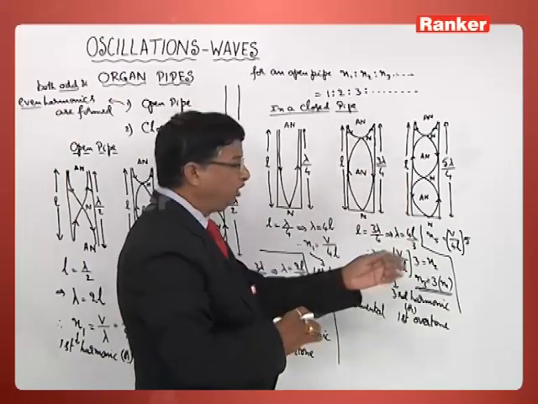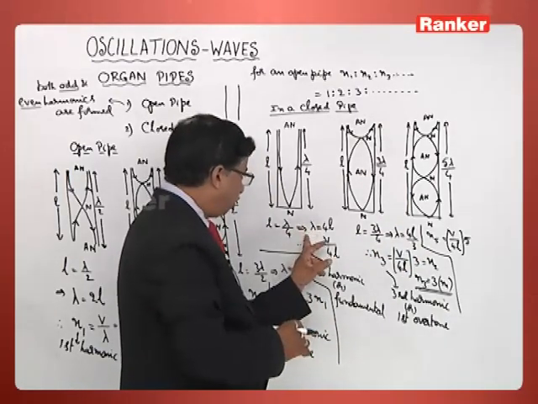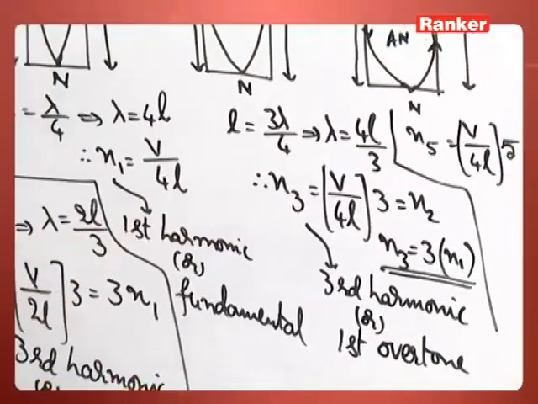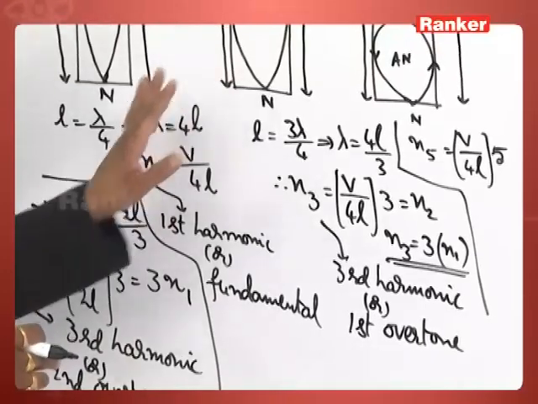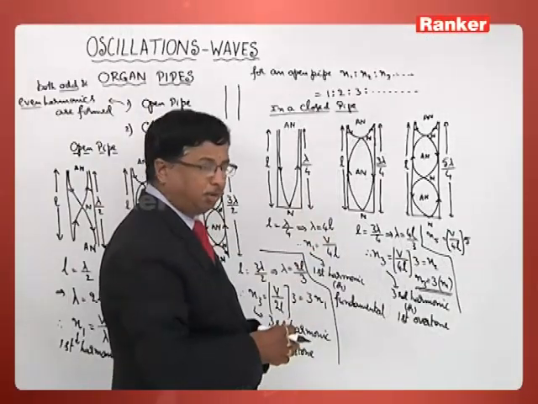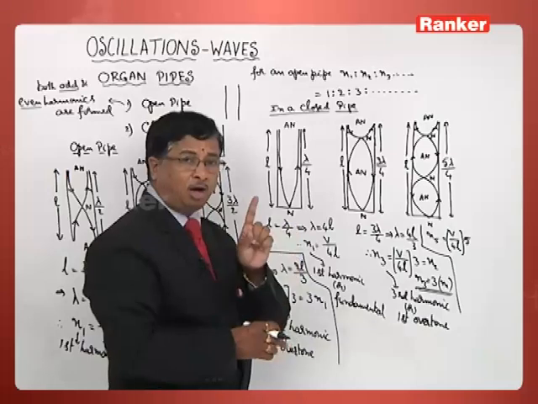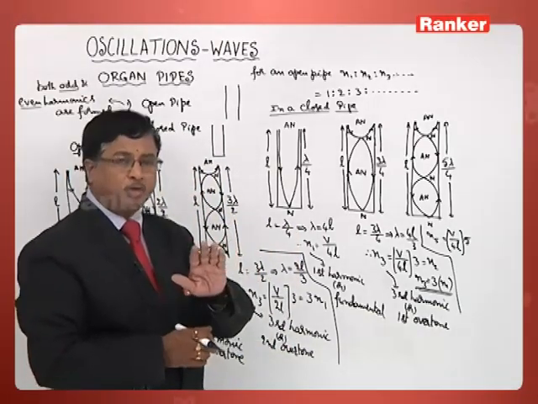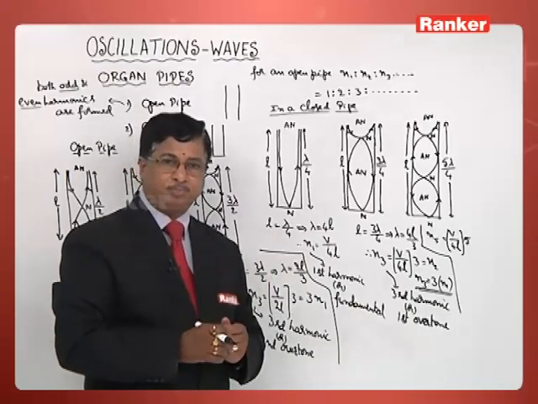So what is happening here? After first harmonic, third harmonic. After third, we get a fifth harmonic. So one can understand in the case of a closed pipe, only odd harmonics are possible. Even harmonics are not possible.